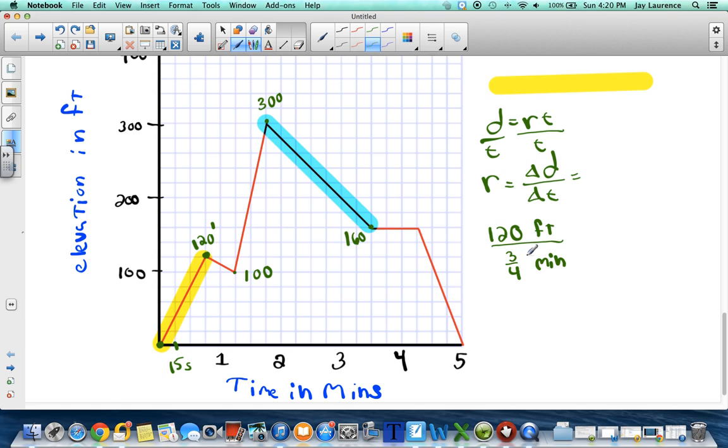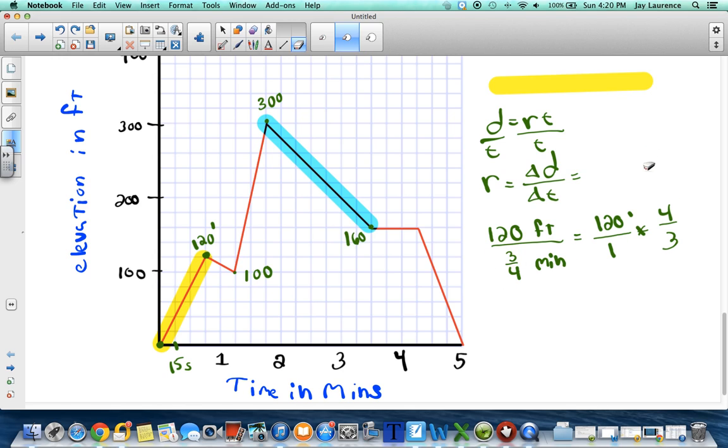Why am I doing this? Because remember, I've told you sometimes it's smarter to use a fraction than a decimal. Watch how easy it is in this case. I'm going to rewrite this 120 over 1 times the reciprocal of 3/4, 4/3.